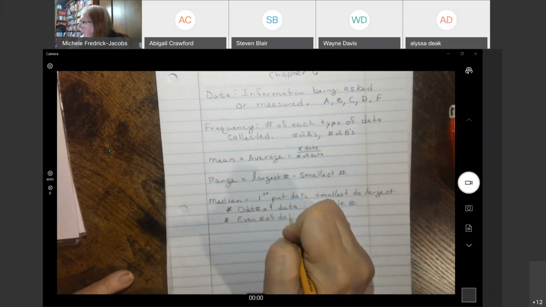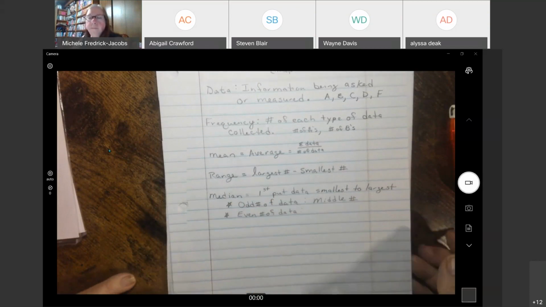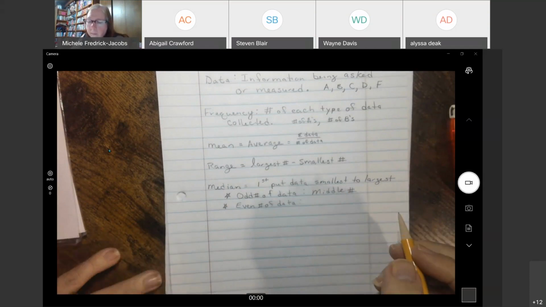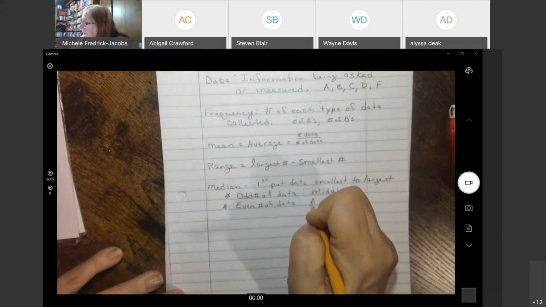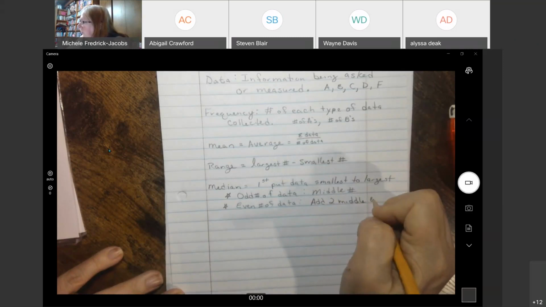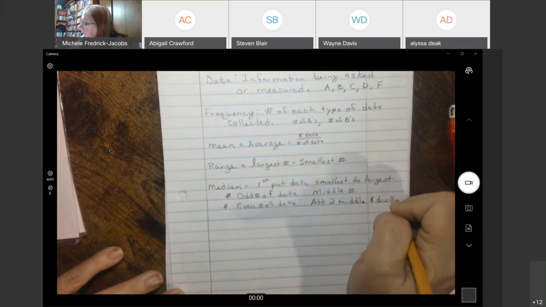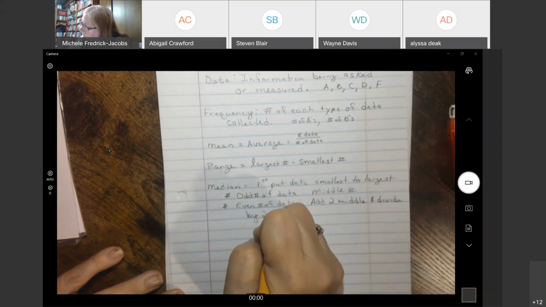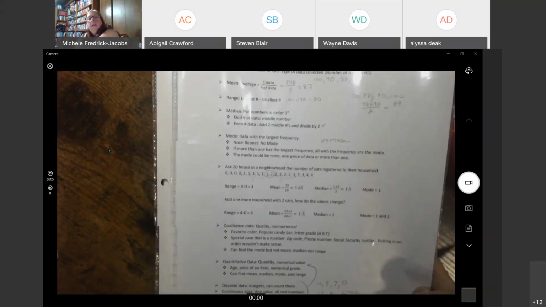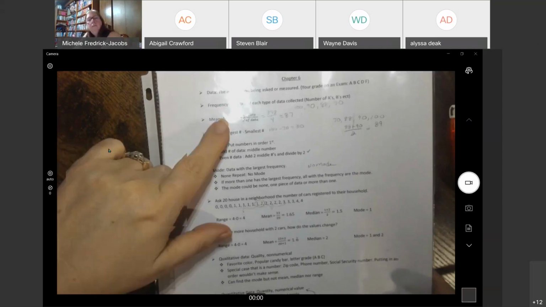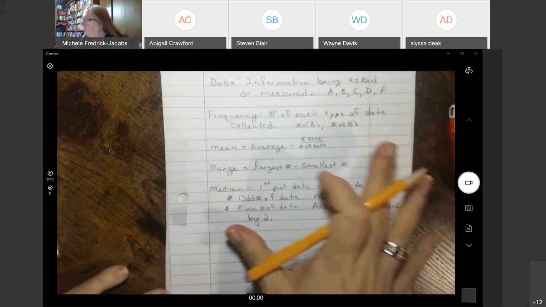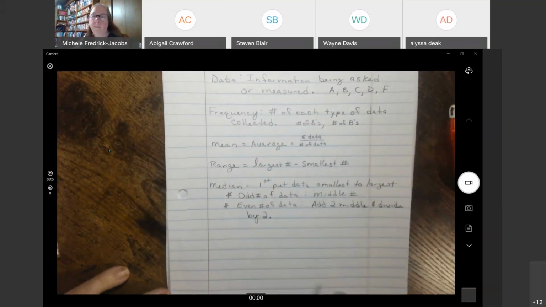If there's an even number of pieces of data, add the two middle and divide by 2. These definitions are in that outline I showed you on Blackboard, so you don't have to write them all. It's up to you.